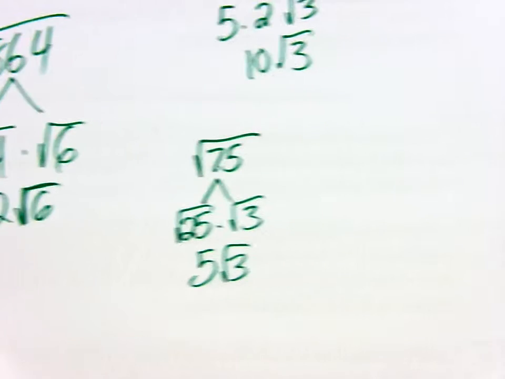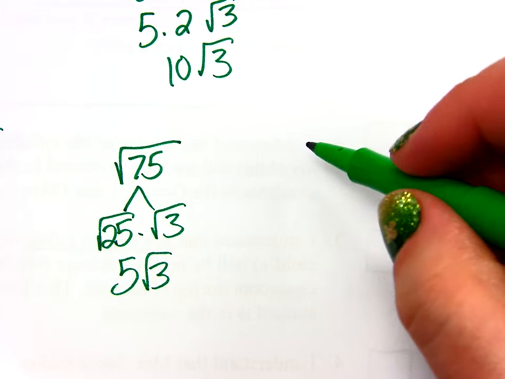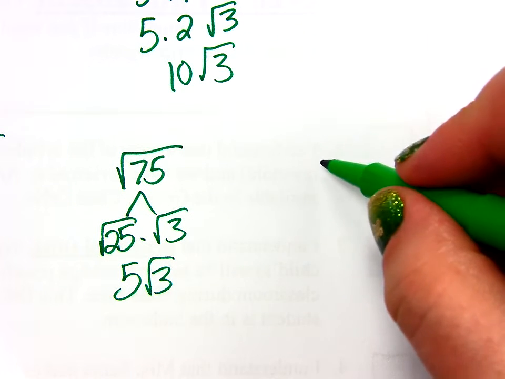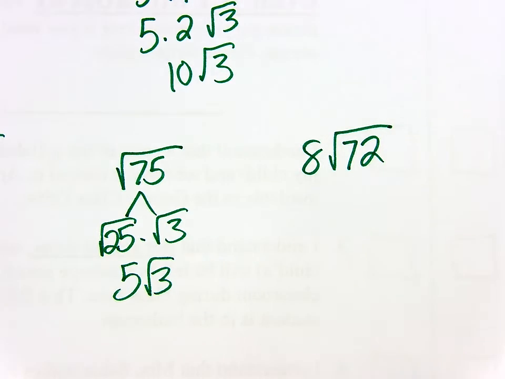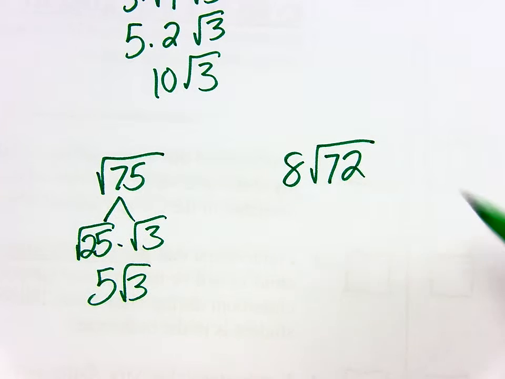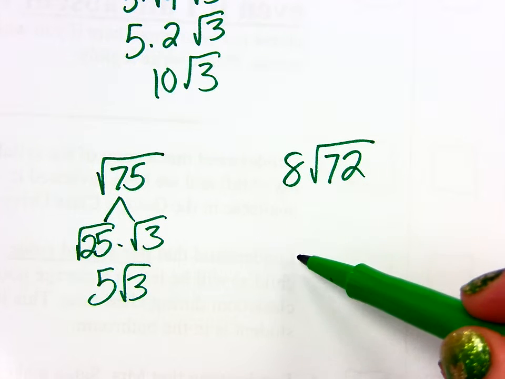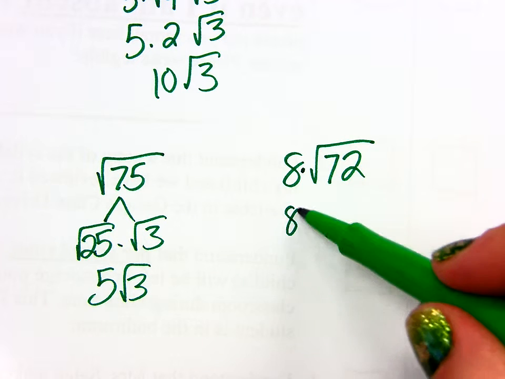Okay? Now, we already kind of mentioned what happens when there's a number out in front. So if I asked you to do, I don't know, 8 times the square root of 72. This 8 just means I'm going to multiply whatever number comes out in the front by 8. So really at first I don't do anything different.